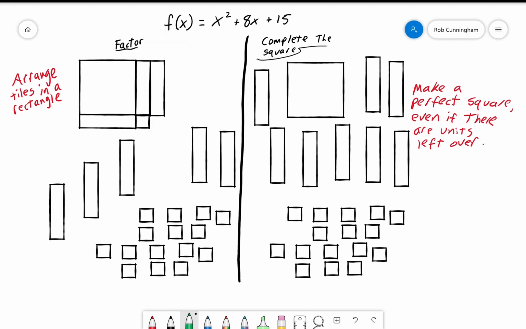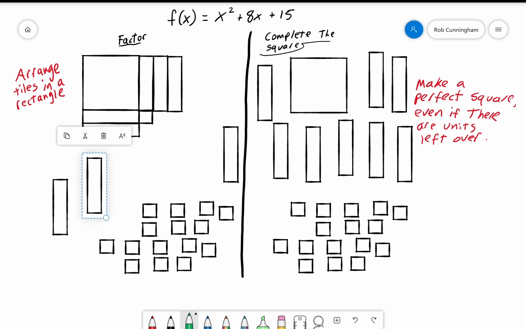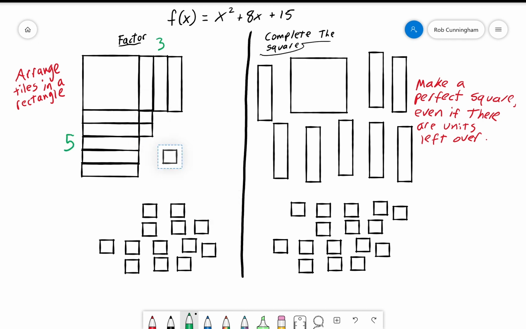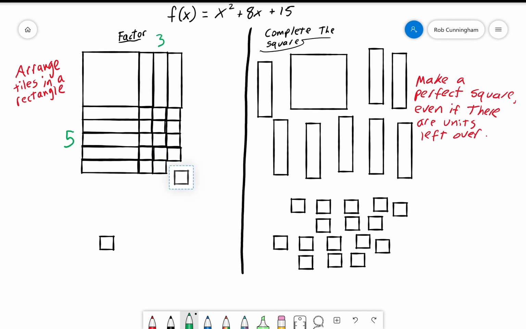So I could instead recognize that if I have a length of 3 here, and a width of 5, see, I've got 3 here and I've got 5 here, then that should be exactly enough for me to put 15 of them in. Whoops, looks like I accidentally drew one too many, which means I accidentally drew one too many on this side as well.